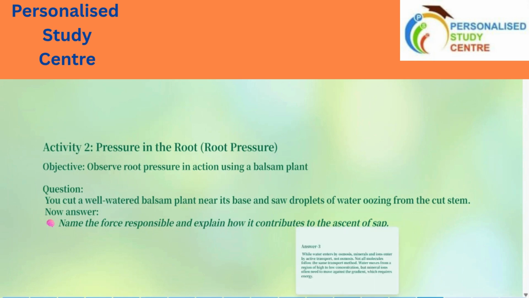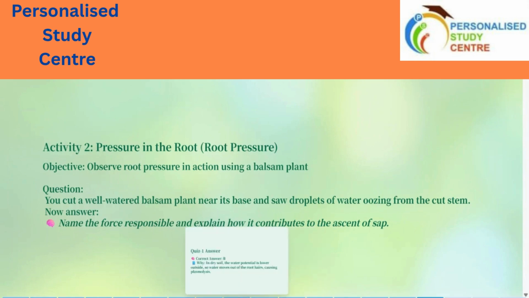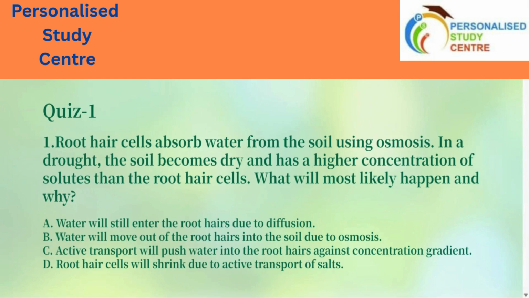So now we are going to the three questions which we asked in the previous class. The first question was, root hair cells absorb water from the soil using osmosis. In a drought, the soil becomes dry and has a higher concentration of solute than the root hair cells. What will most likely happen and why?